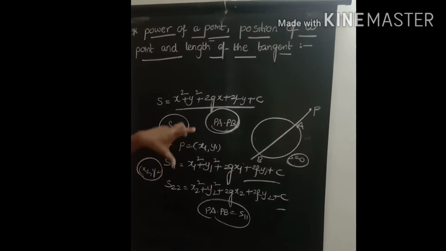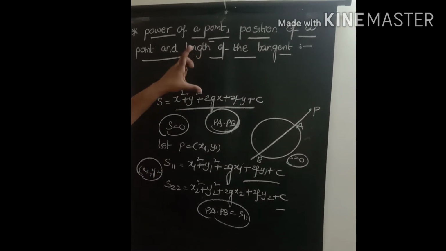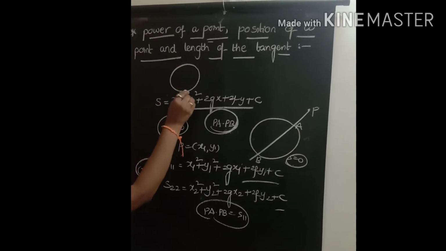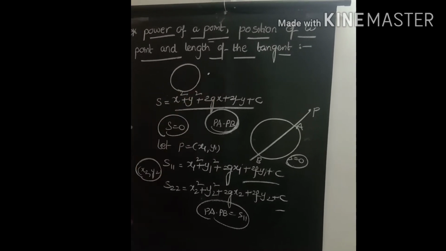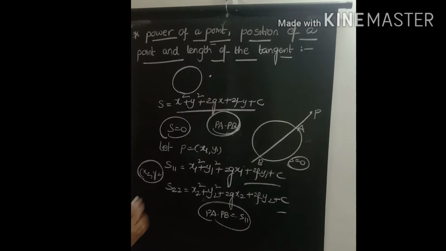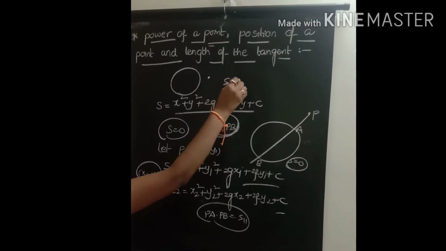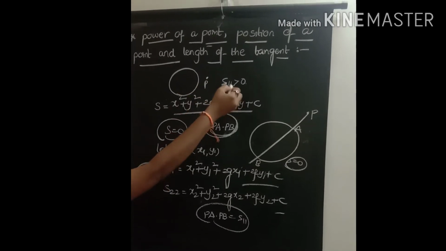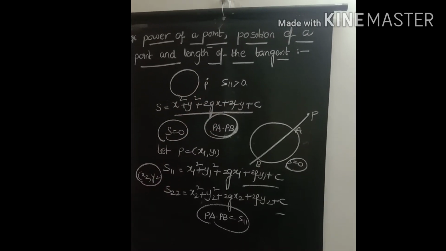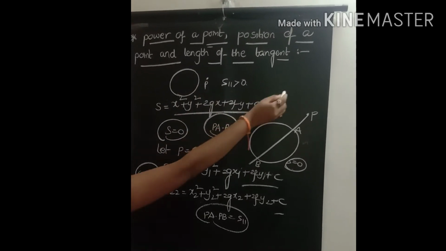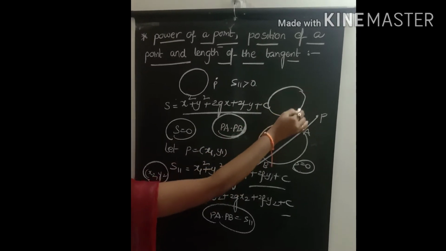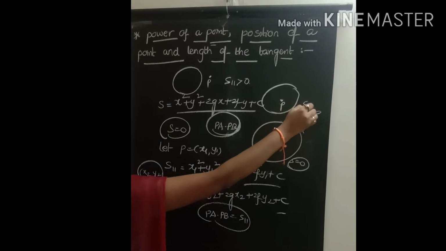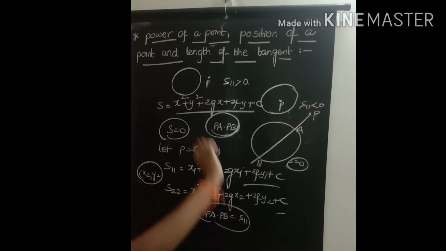And the next definition, position of a point. Position of a point means, for example, this is the circle. If the point P lies outside of the circle, then the condition is S11 greater than 0. And if the point P lies inside of the circle, then the condition is S11 less than 0.